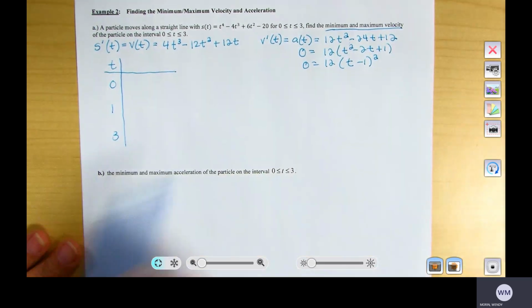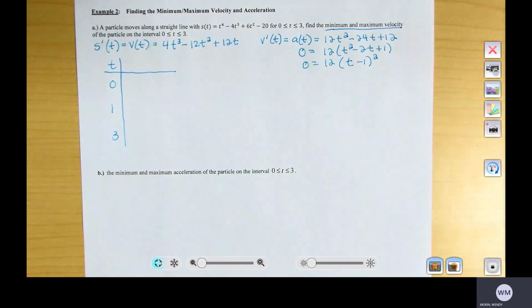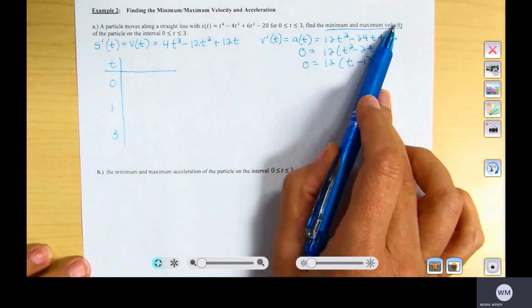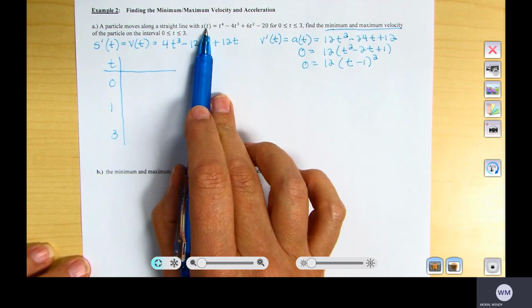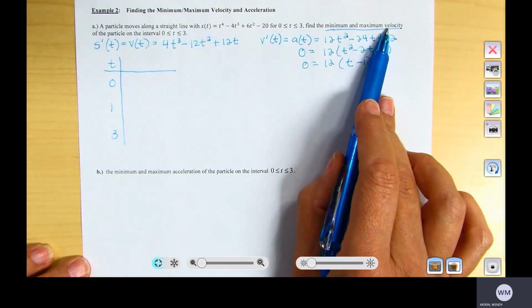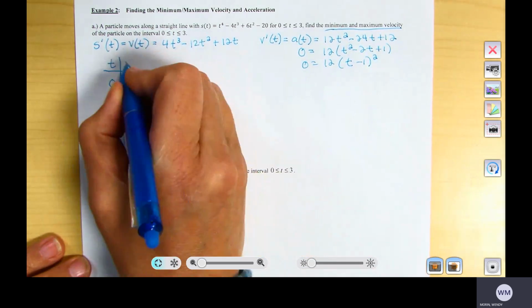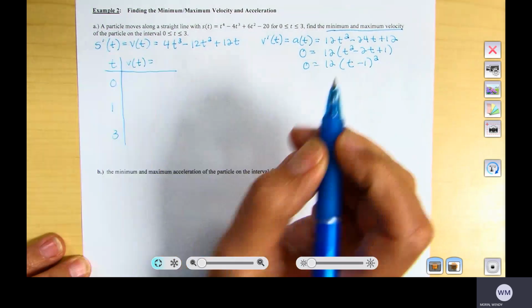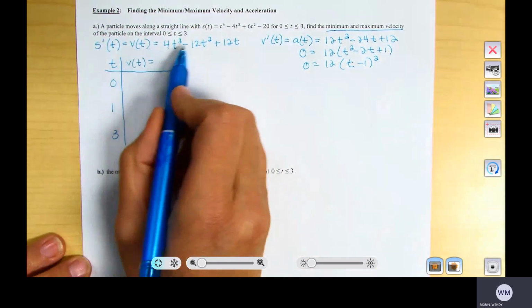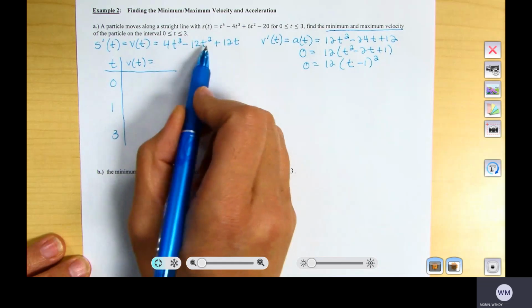Now what are we trying to optimize here? We're trying to optimize velocity. I don't want to know what the largest position is. I want to know what the largest velocity is. So we need to evaluate these t values here at velocity.